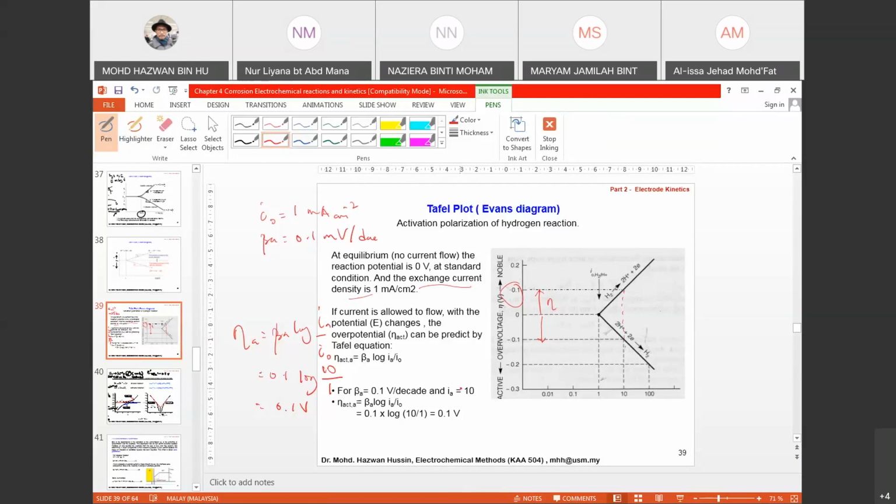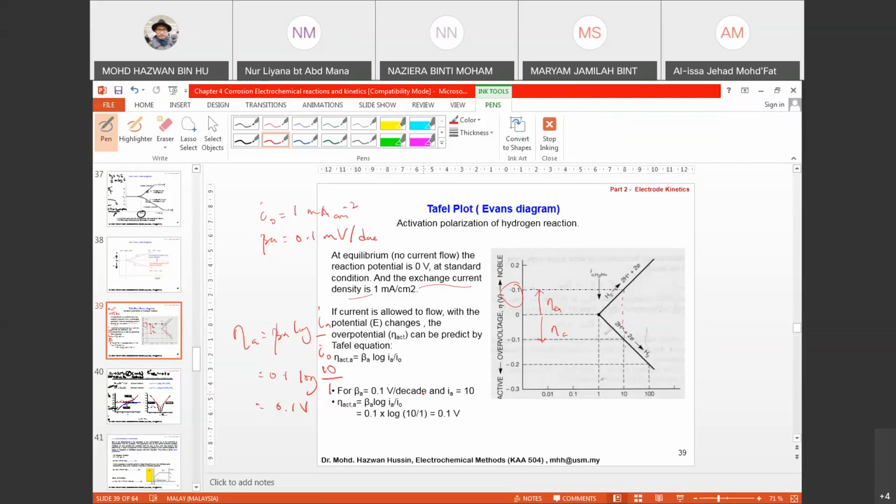This is just to show the correlation, whether you can get eta A and eta C using the Tafel equation. But as I said, if you actually find the beta C and then substitute it in the formula for eta C, you still get the same value. You will get 0.1 as well.